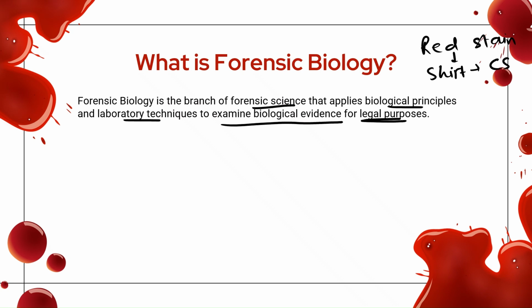Can they immediately conclude that it is human blood? Absolutely not. Before reaching any conclusion, there are several questions that need to be answered. Is the stain actually blood, or could it be paint, rust, or some other red substance? If it is blood, is it of human origin or animal origin? Is there enough biological material present for DNA analysis? Can it help us establish a connection between the victim, the suspect, and the crime scene?